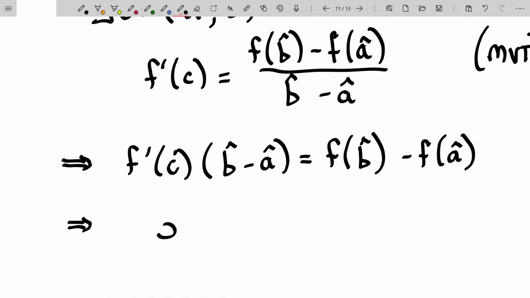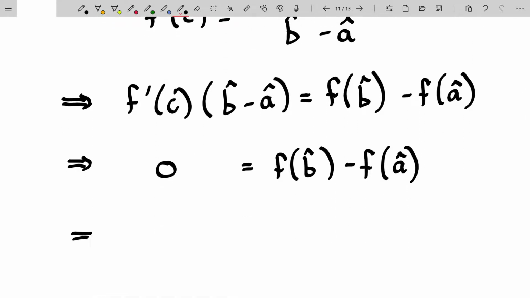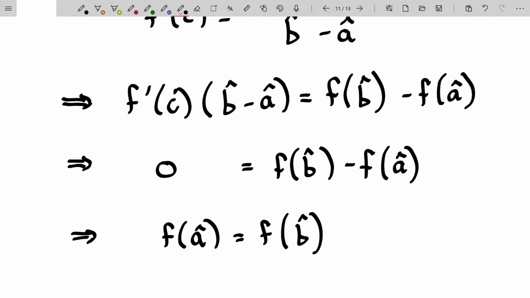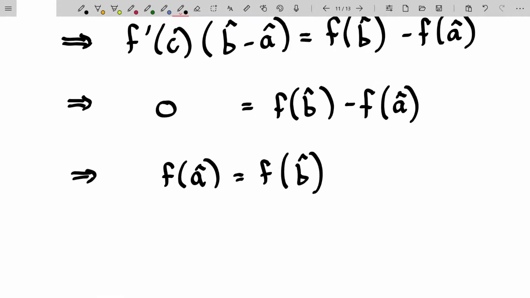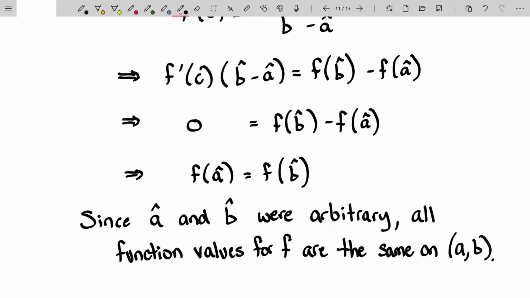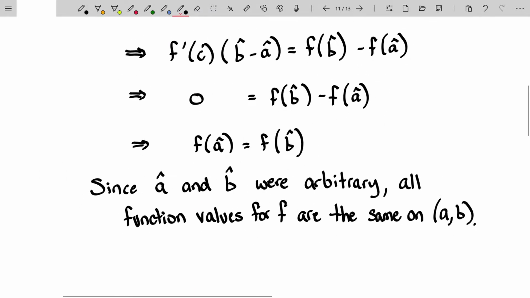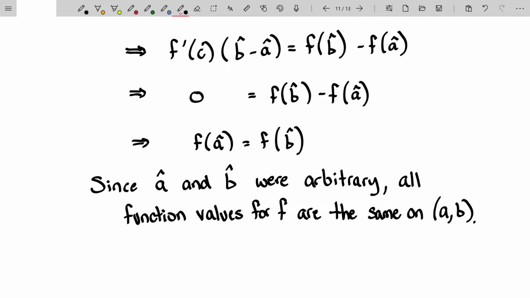So that implies 0 must equal f at b hat minus f at a hat, which implies f of b hat equals f of a hat, or vice versa if you want to write it that way. Since a hat and b hat were arbitrary, then all function values for f are the same on a to b.